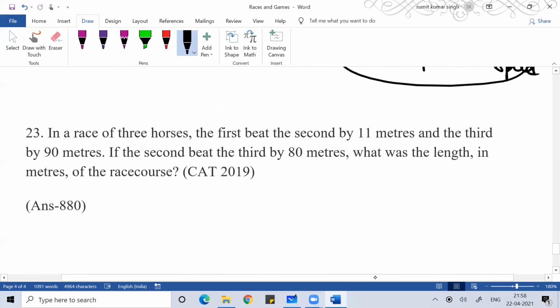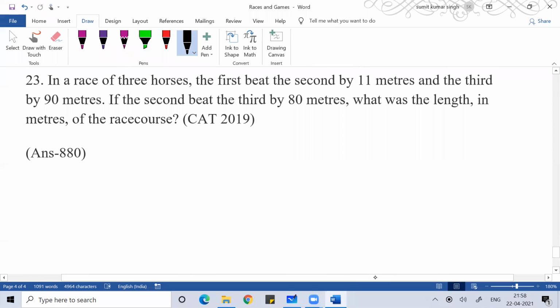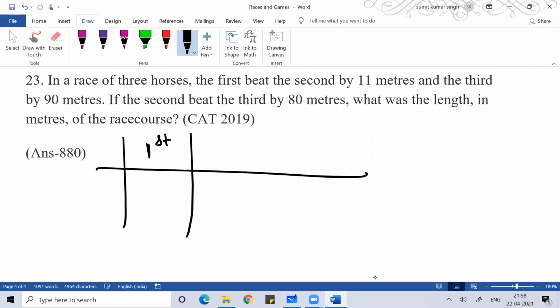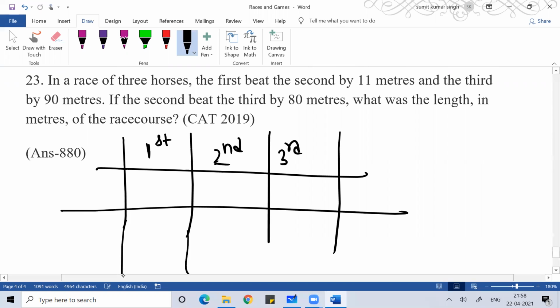Simple. Next question. In the race of three horses, you have the first, then the second, and then the third. The first beats the second by 11 meter and the third by 90 meter.